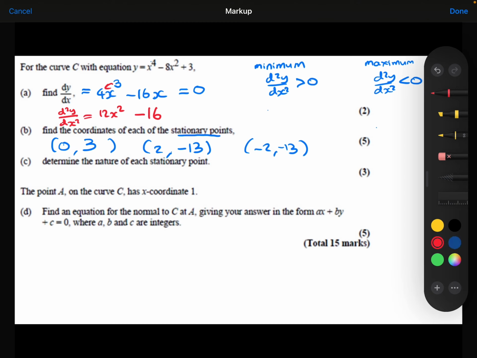So when x is 0, this is going to equal minus 16, because we get 12 times 0 squared minus 16, which is minus 16. So therefore, the second derivative is negative. Therefore, it is a maximum.